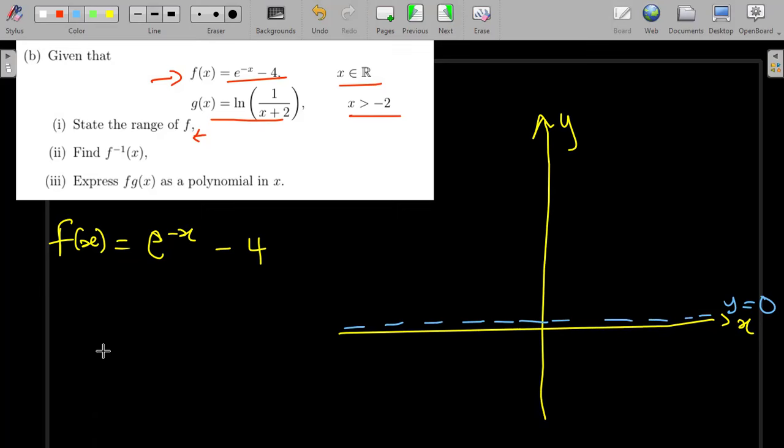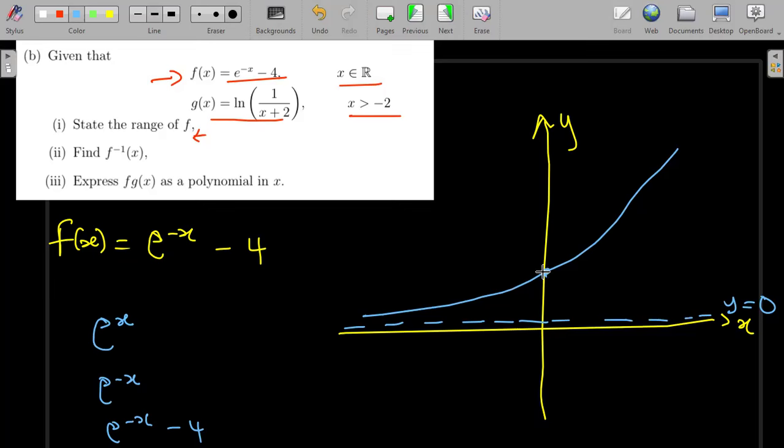So I'm going first of all to sketch e to the power x, and then I sketch e to the power minus x, and then I sketch e to the power minus x minus 4. So e to the power minus x will just be this graph that passes through 1. So 1 will be our y-intercept.